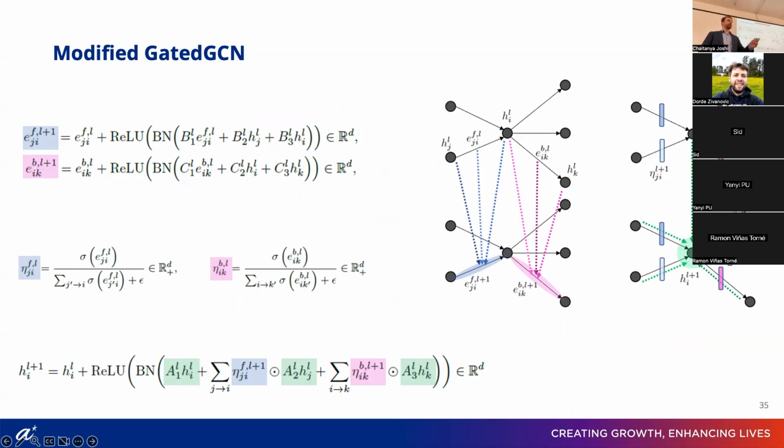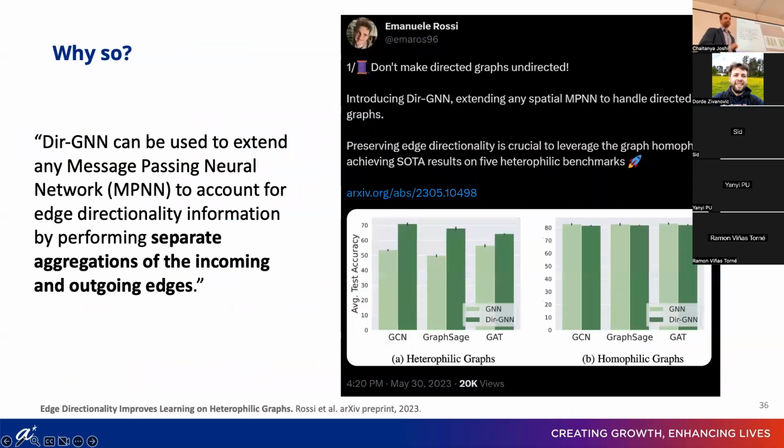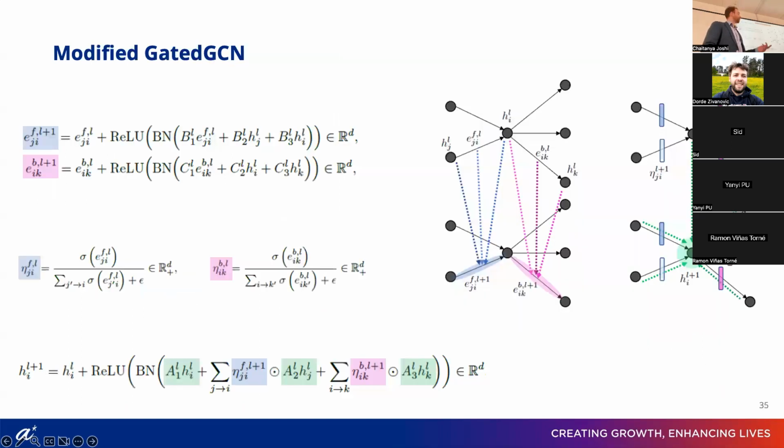Can I add something? This is actually true, it is more expressive than vanilla GNN. There was recently a paper, I'll get the name wrong. Yes, this one. I found this very interesting, because this is something that to us seemed like an obvious thing.